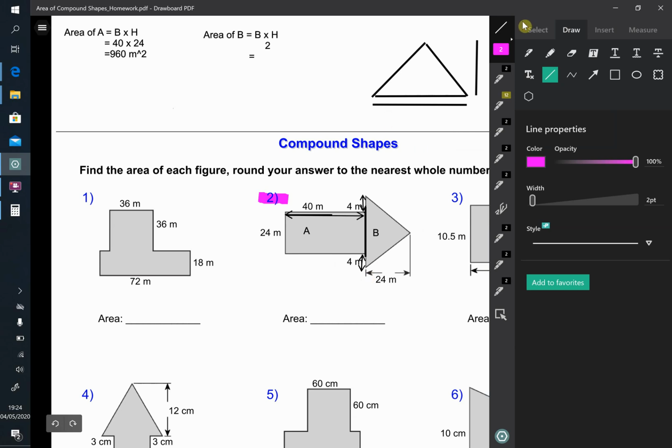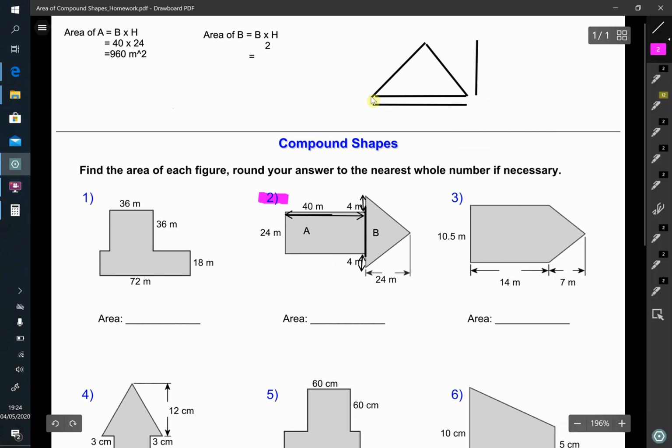With this particular triangle, I am saying from here to here, the width, I can consider it all of this. Now, you know that from here to here is the same as from here to here, which is 24.